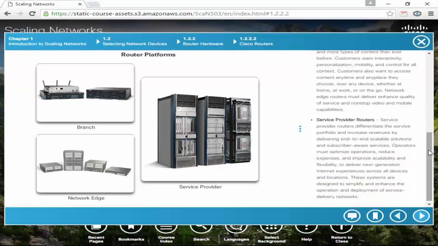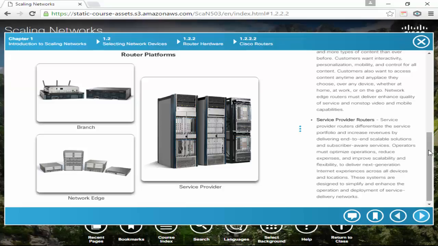Alright, service provider routers. Service provider routers are ISP routers. Okay, so service provider routers differentiate the service portfolio and increase the revenue by delivering end-to-end scalable solutions and subscriber-aware services.